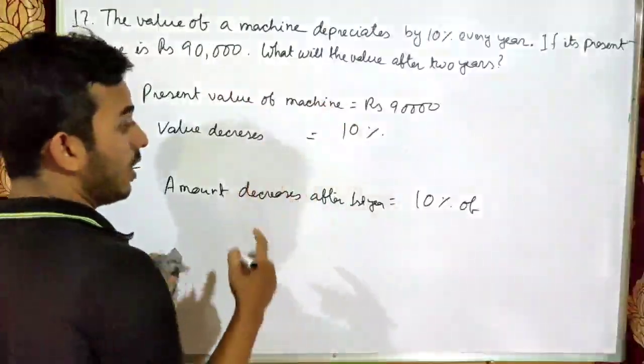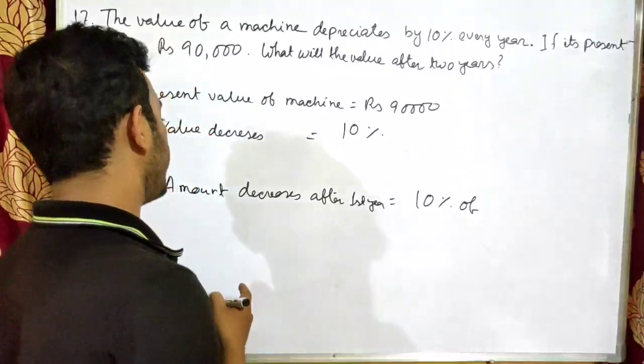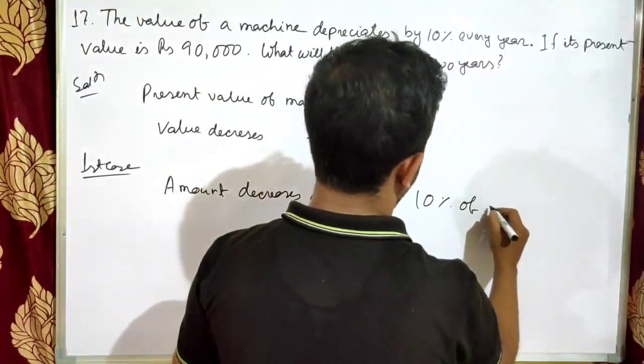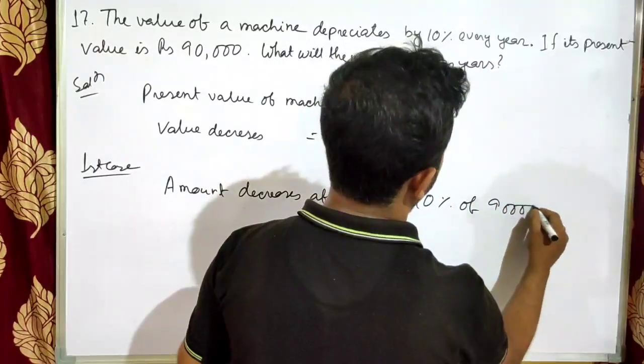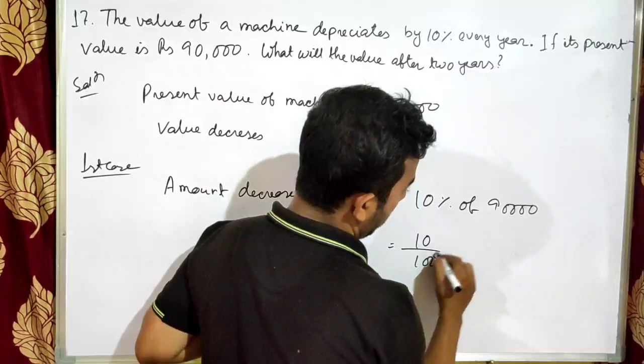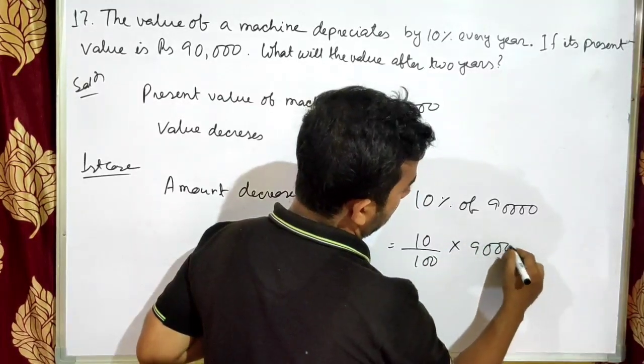Because there are 2 years, first year, second year. Amount decreases after first year will be 10% of the present value, 10% of 90,000. Now 10% means what? 10 out of 100 of 90,000.